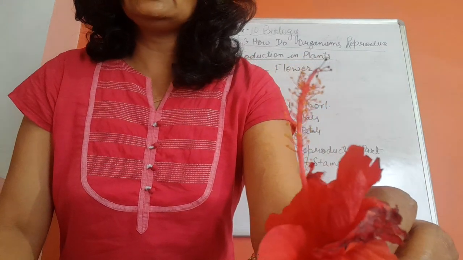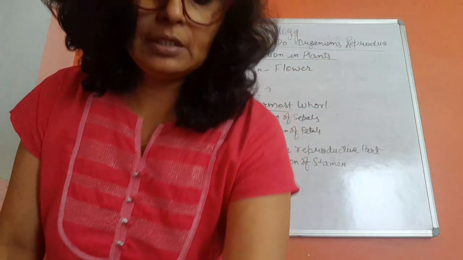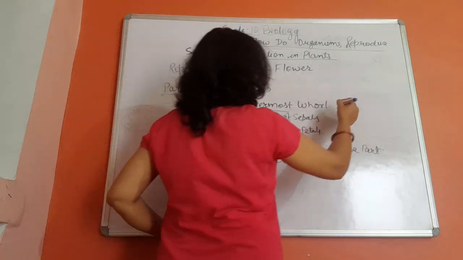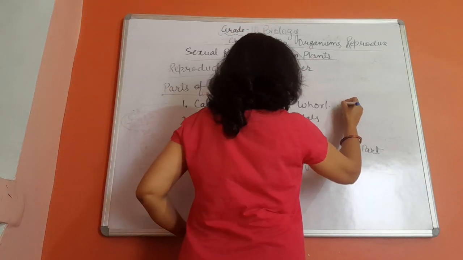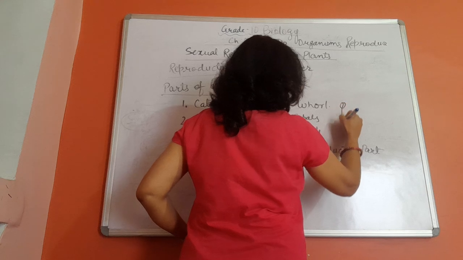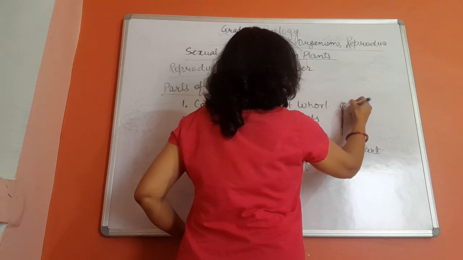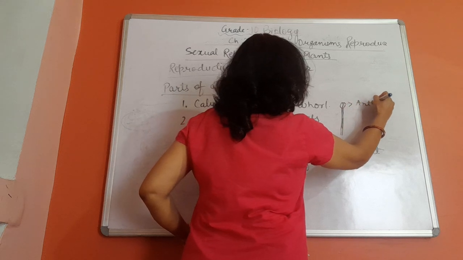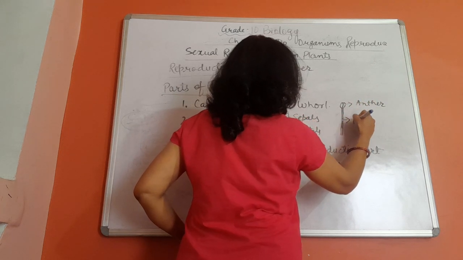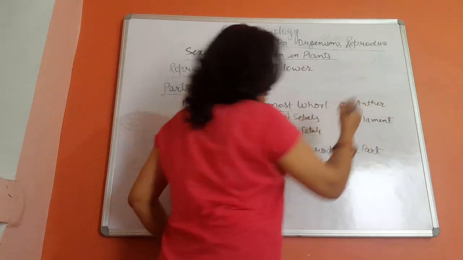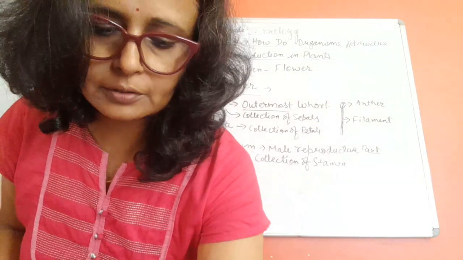So let us see the diagram of a stamen in detail. Stamen. The shape is like this. This is called anther and this is called filament. Anther is the top part and filament is its stalk.